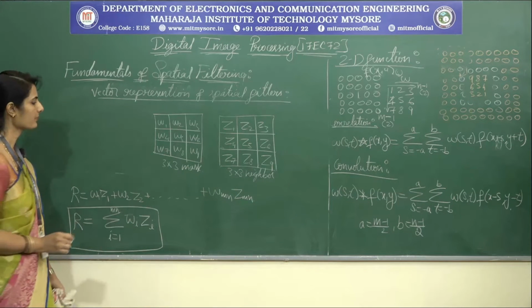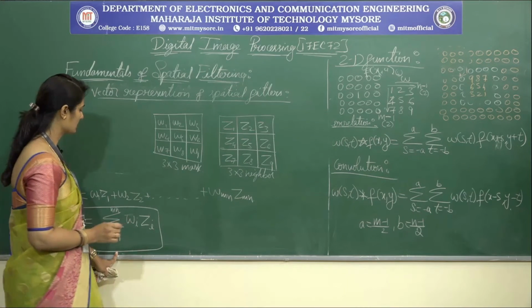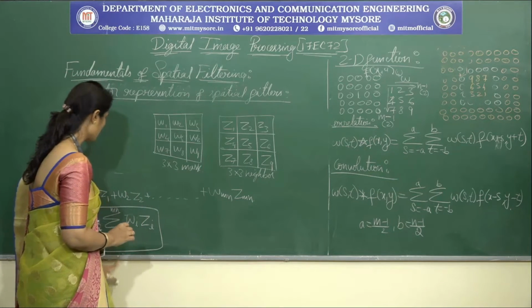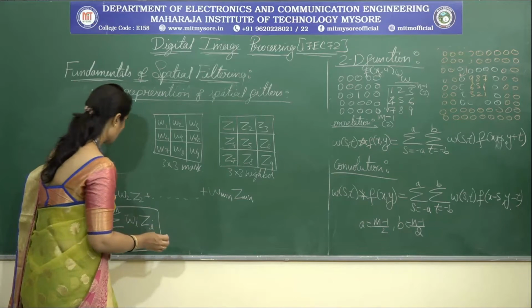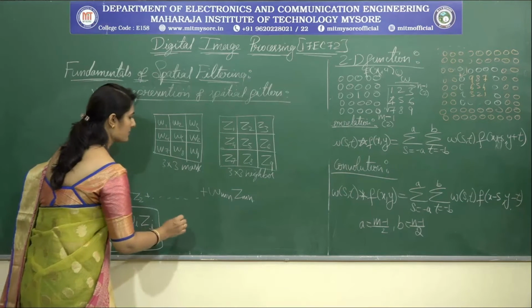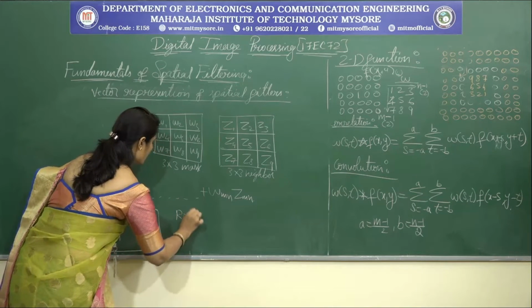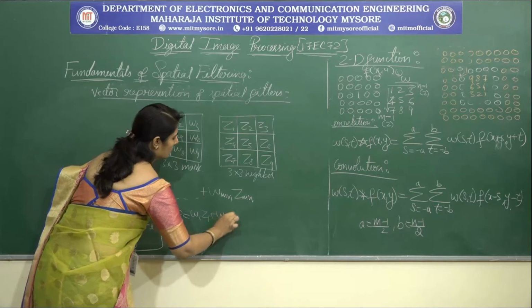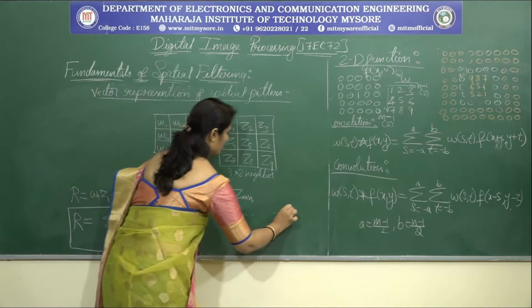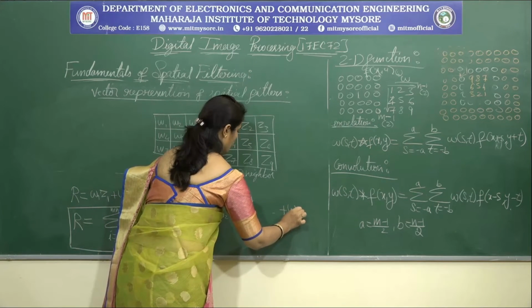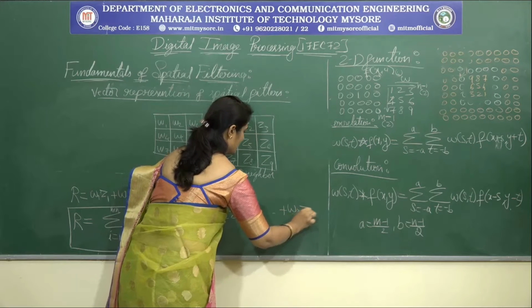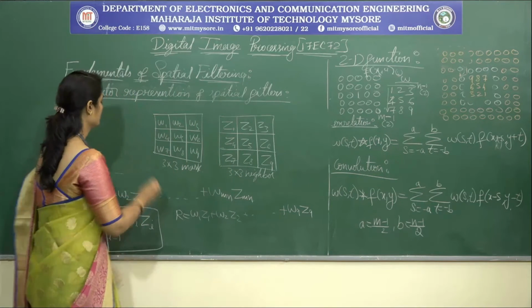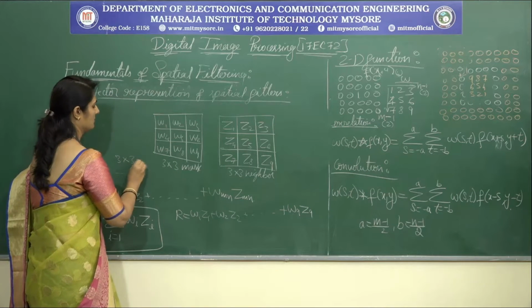If the size of this mask is 3 cross 3, then this can be written as W1 Z1 plus W2 Z2 up to W9 Z9, since mn is 9 here, 3 cross 3 is 9.